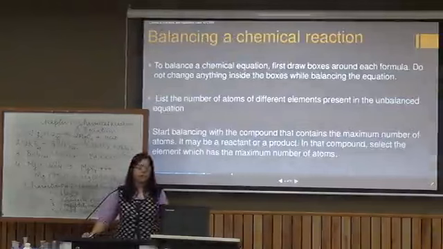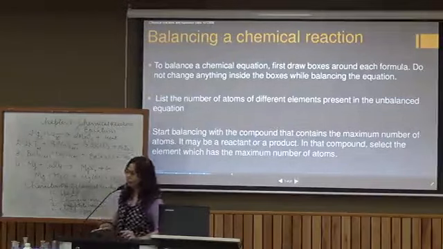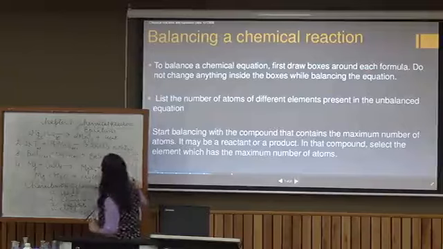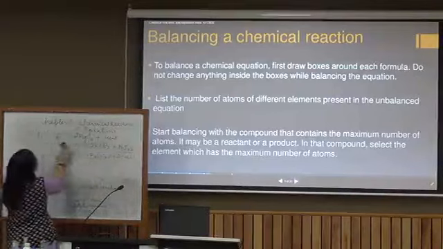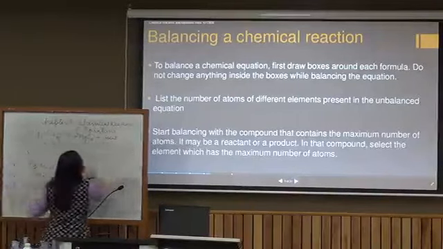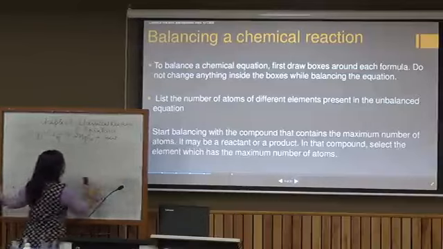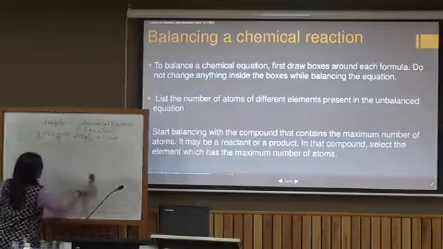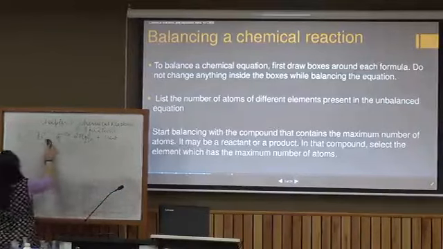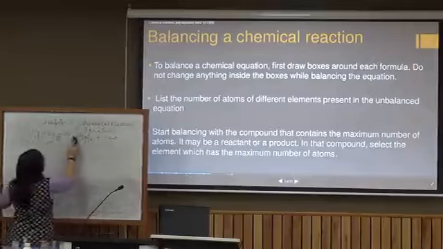How do you balance a chemical equation? Let us look at the steps of balancing of a chemical equation. So I am going to erase this and look at the first equation. In a chemical equation, we always write the reactants on the left hand side and the products on the right hand side.